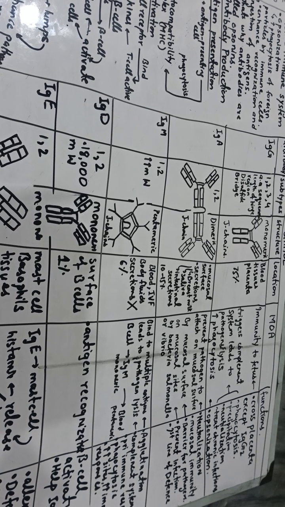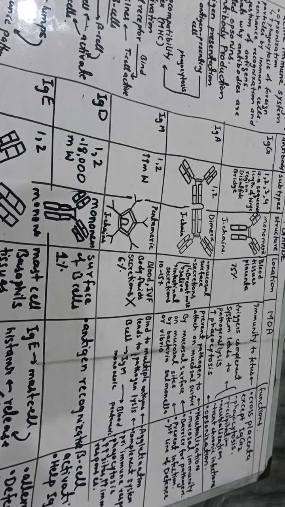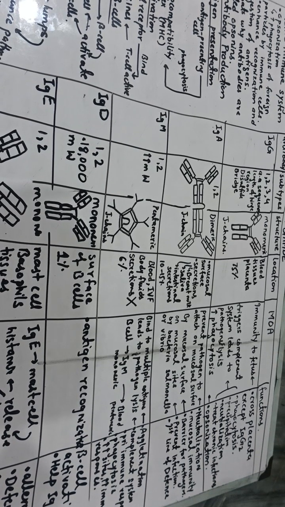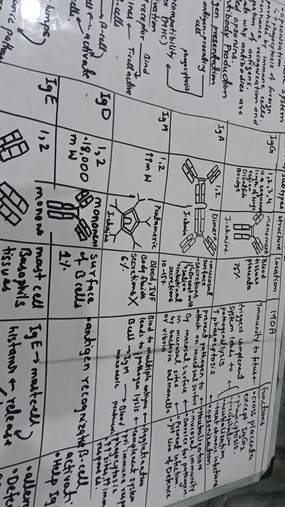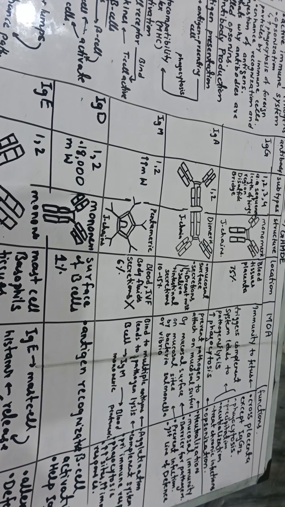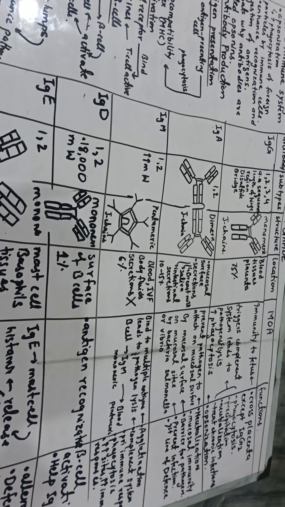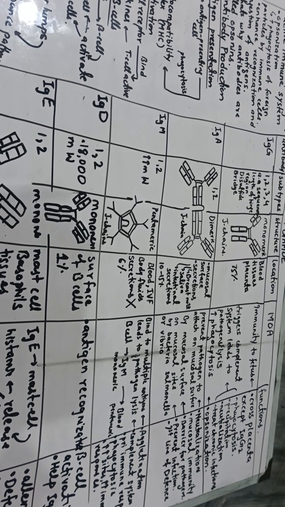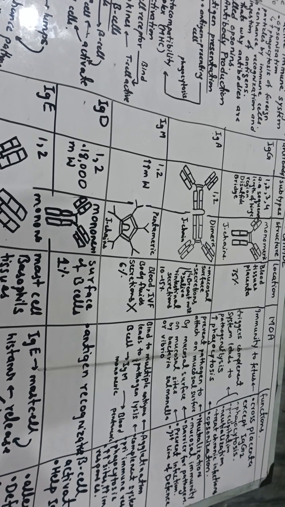They cause precipitation, neutralization, and also help to treat chronic infections. They also help in the function of opsonization. Mechanism of action is that they provide immunity to the fetus by crossing the placenta, and they also trigger the complement system, leading to pathogen lysis and increased phagocytosis.